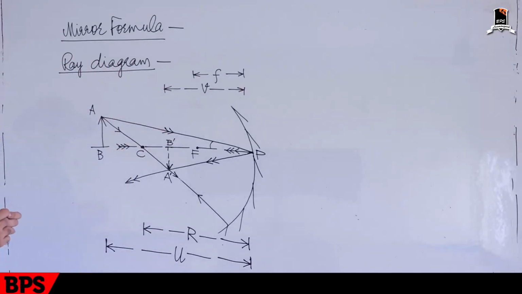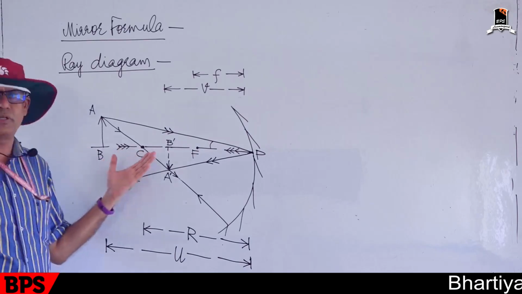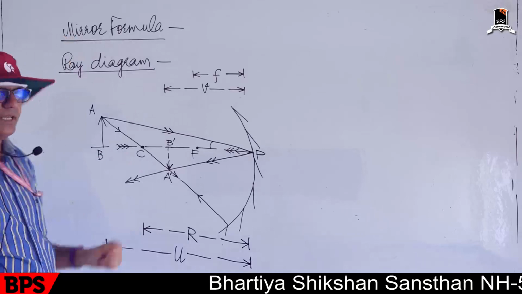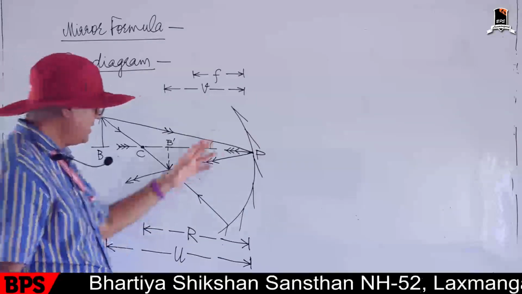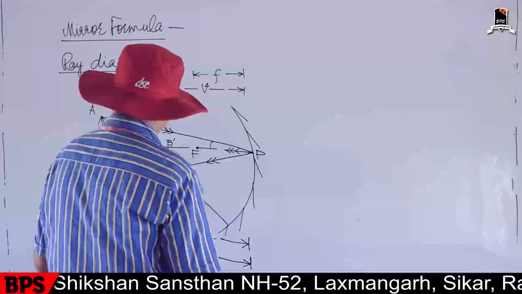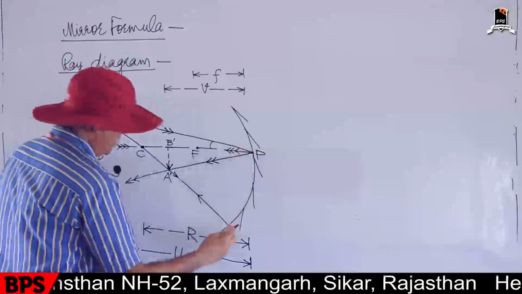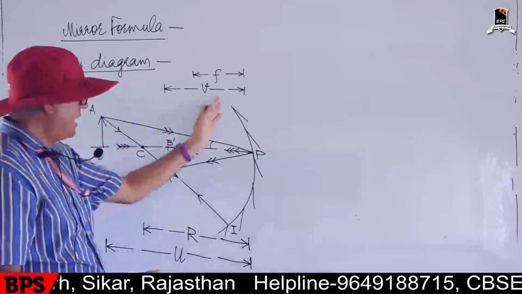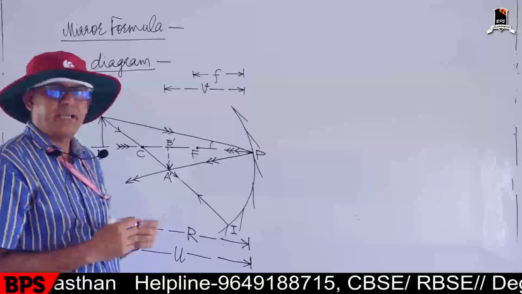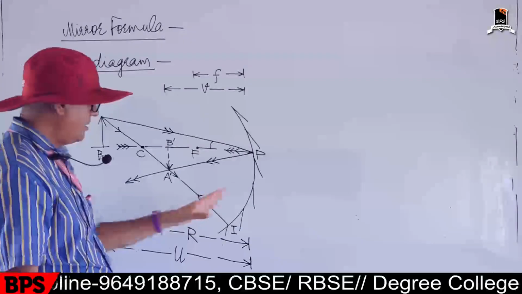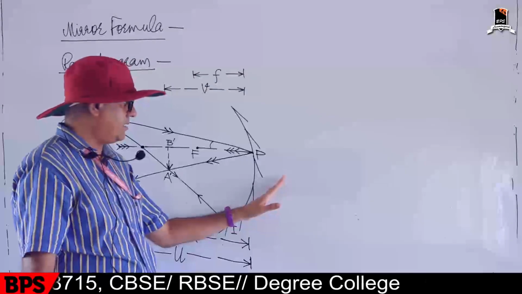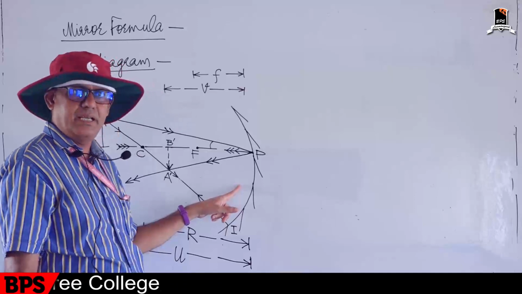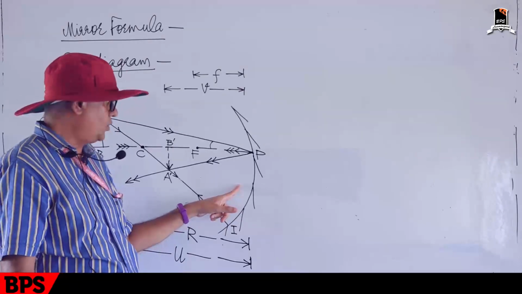So this is the ray diagram we'll use to derive this mirror formula. I am repeating it again. This is a concave mirror. This hatching side is completely opaque, this side is completely reflecting and smooth.